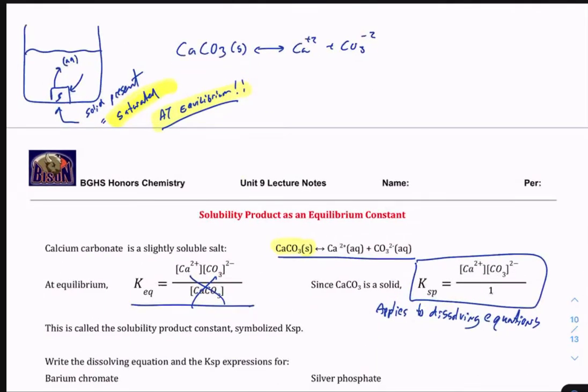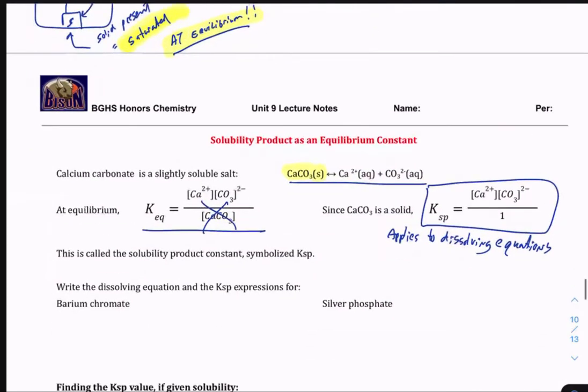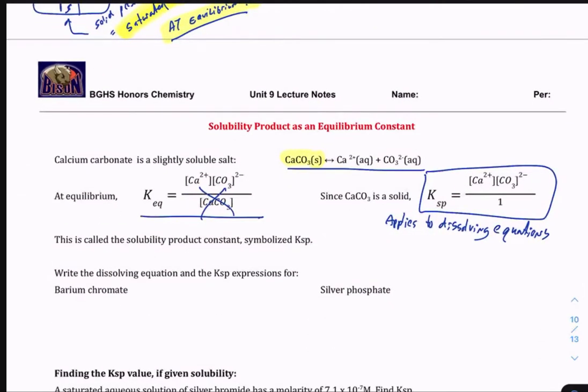Okay, so given a compound, can you write a dissolving equation? Well, if you know the formula and you know the charges, you should be able to. Barium chromate, this is the formula for barium chromate. Barium is a +2 charge, chromate is a -2 charge. So a dissolving equation would simply look like this.